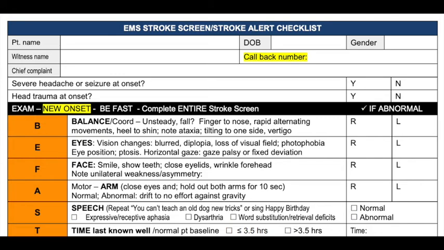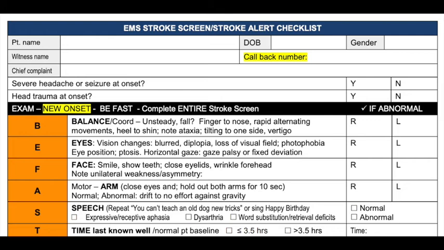And finally, and we cannot talk about this enough, we need to know when their last known well time was. So they might say, yeah, it happened at 12. Well, that's when they saw them and noticed it. But when was the last time that they were definitively acting normal? I'm sure we've all been on calls where the patient says this started in the morning when I woke up, or when my husband woke up.